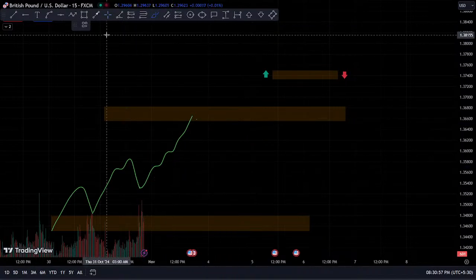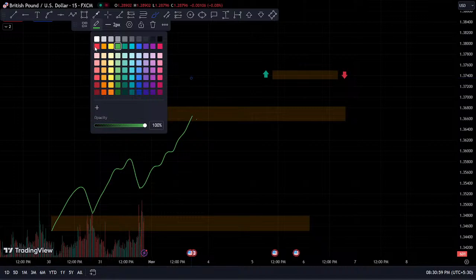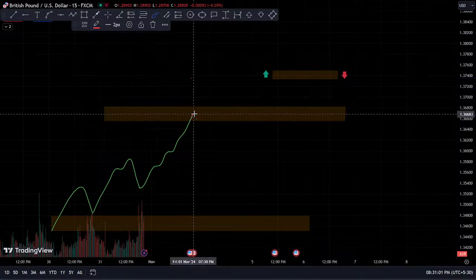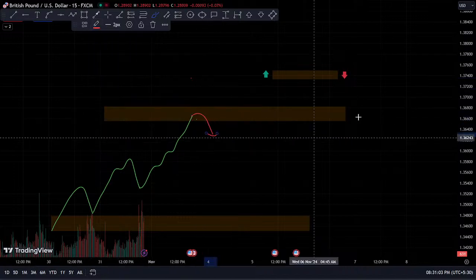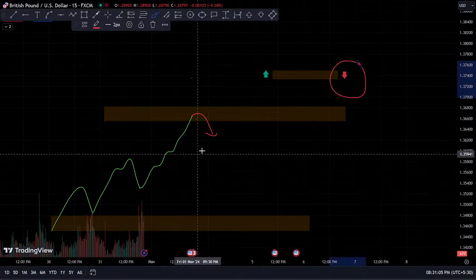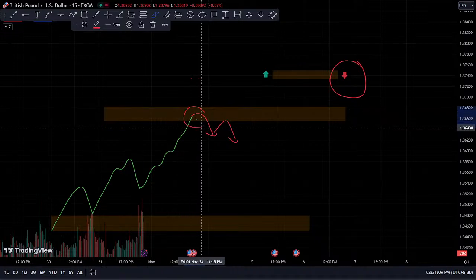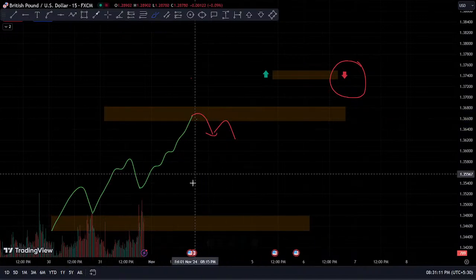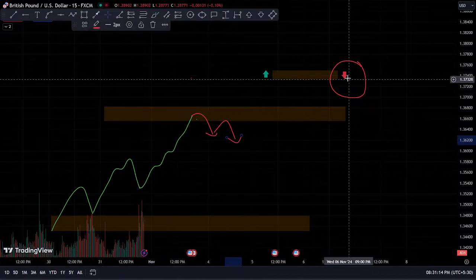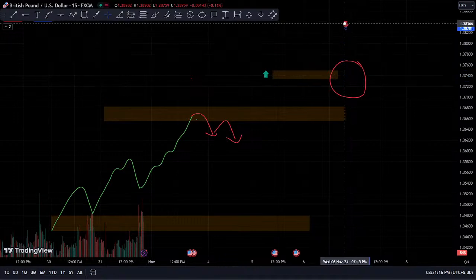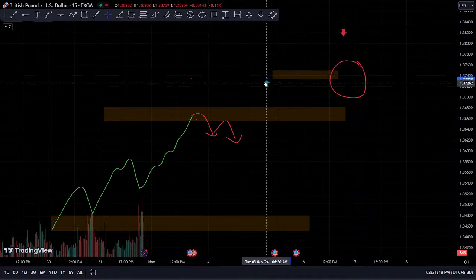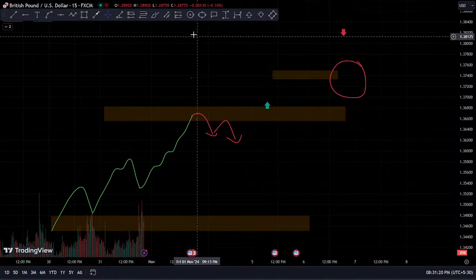Why? Because profit booking starts here, and new sellers start to sell this particular thing by looking at this profit booking zone. So what we have right now is more sellers and fewer buyers, right?